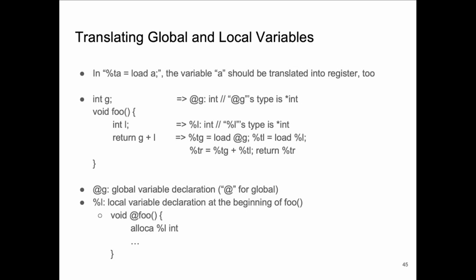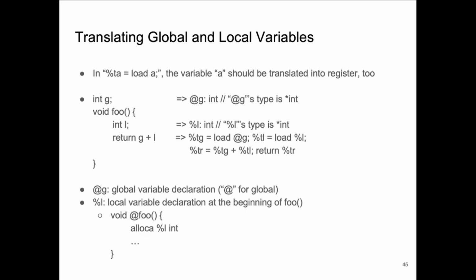And there are two kinds of locations in IR. One is the global variable, which begins with this @, the at sign, the separator for an email address. So this @g is a global variable, and @g: int means that g is a pointer to an integer, and the block pointed to by this g contains the value of g.